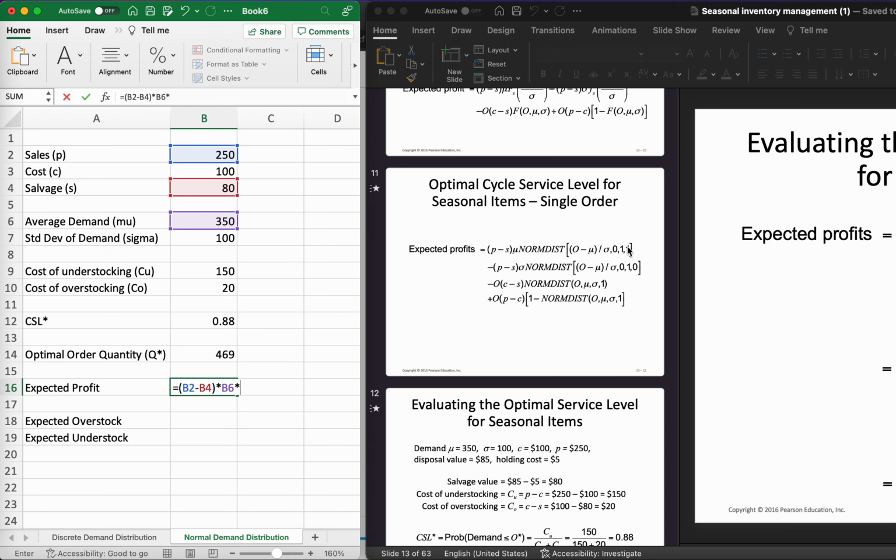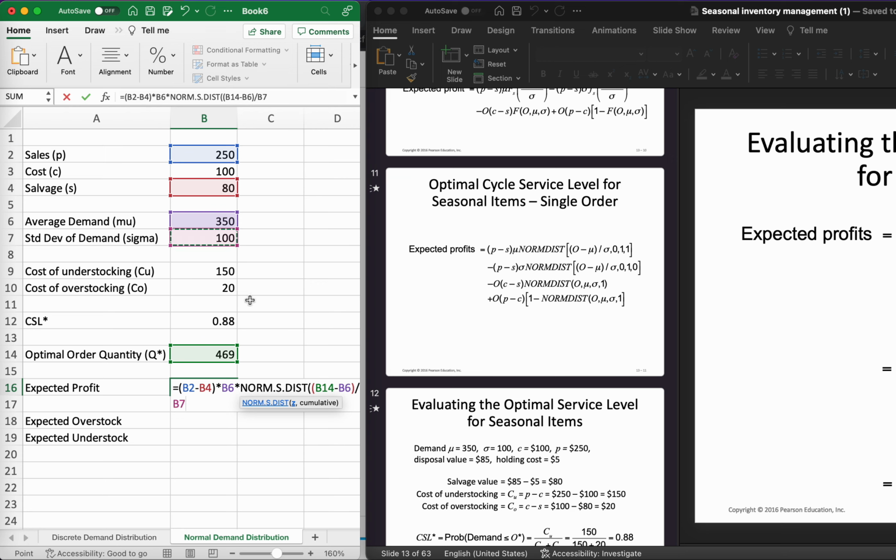So I'm going to collapse all of the zeros and the 1 and call it NORM.S.DIST. When I do S in the middle, it means that it's a standard normal distribution. And the z value is O minus mu divided by sigma, which is the optimal order quantity minus mu divided by sigma.